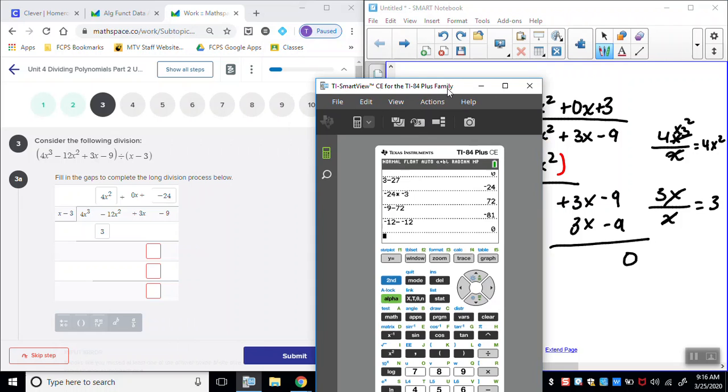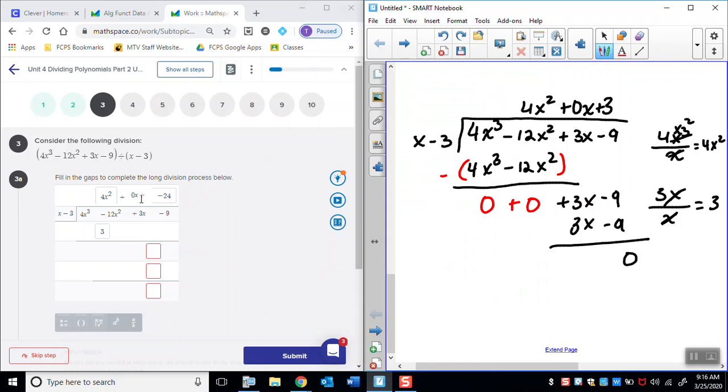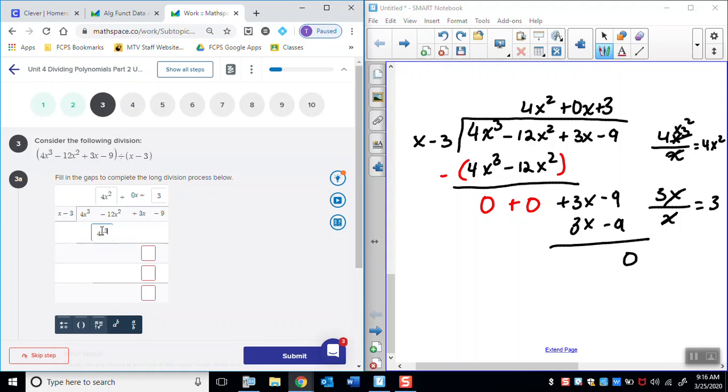Alright, so we're gonna fill out our answer. So this part was wrong. That's a 3. Alright, so now let's multiply this out. I wrote it out for you now. I'm gonna show you the process here. So 4x times x is 4x to the power of 3.